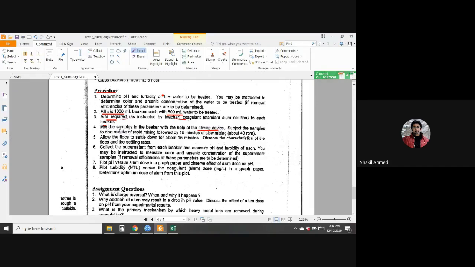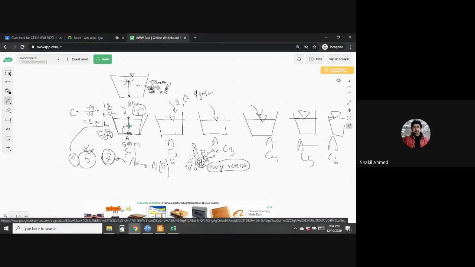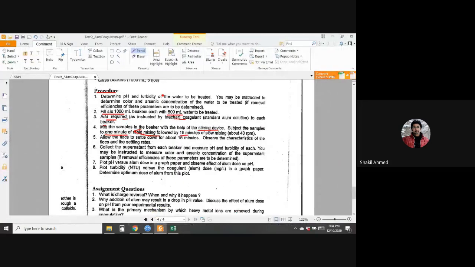Subject the samples to 1 minute of rapid mixing followed by 15 minutes of slow mixing. So 1 minute of rapid mixing with the stirrer, and the next 15 minutes slow mixing at 40 RPM, meaning 40 rotations per minute.